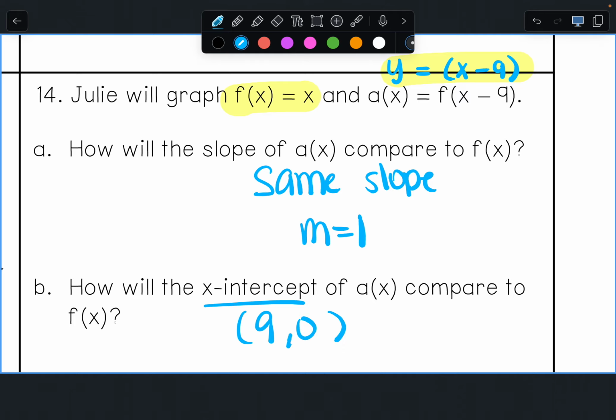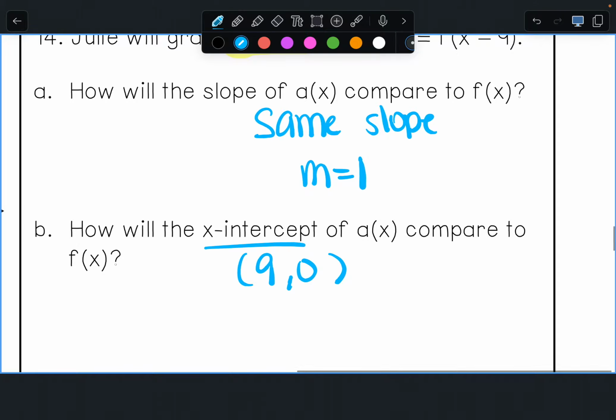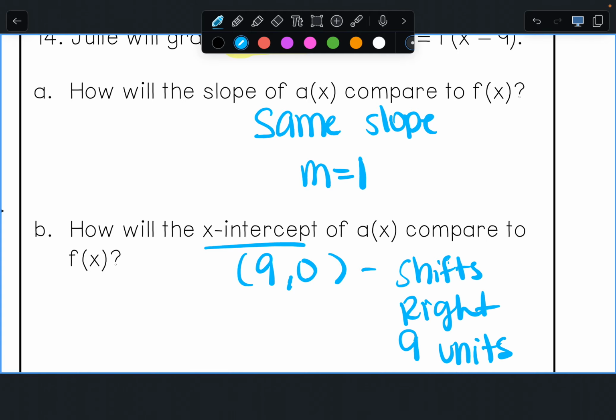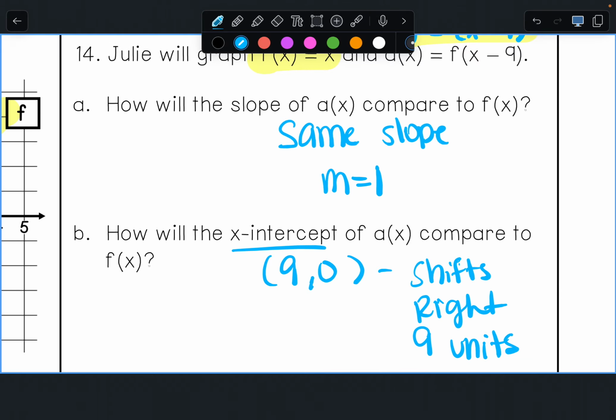Positive 9. And a positive 9 will shift my line which way? It shifts it to the right 9 units. Okay?